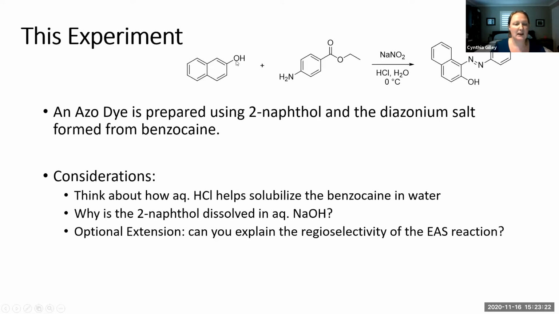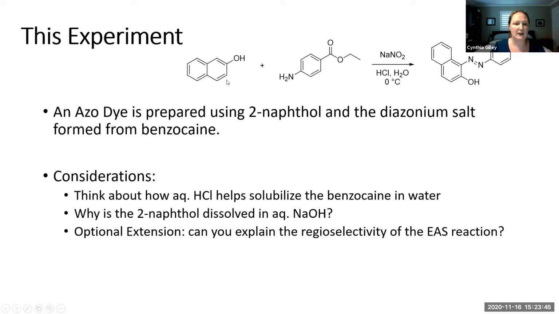And so, of course, you might know that the OH group is a moderate activator, and so it's an ortho-para director. The para position is blocked, but both ortho positions are not blocked. So then the question becomes, why does it react with this ortho position and not this one?